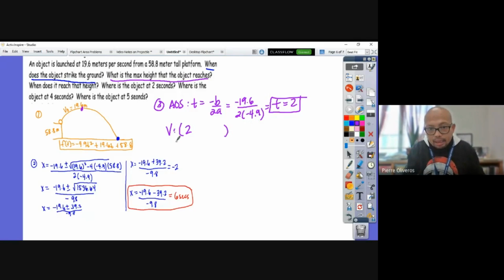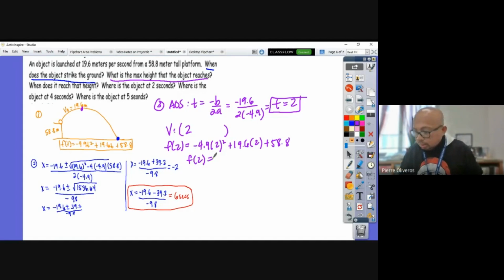We're going to plug the 2 back into the function. f(2) is equal to negative 4.9 times 2 squared, plus 19.6 times 2, plus 58.8.